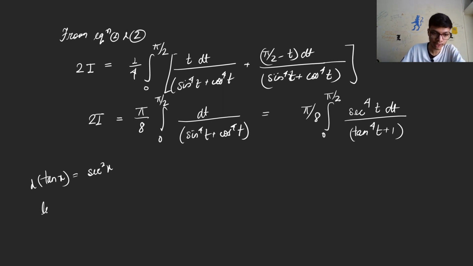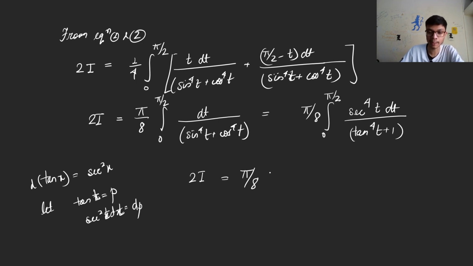So if I let tan x as some variable p, I will get sec square x dx, or let me write this as tan t equals p, then sec square t dt is going to be equal to dp. So this simplifies the result as 2 times the integration value equal to pi by 8 times the integral within the limits. Now the limits will change, and the limits change as 0 to infinity.